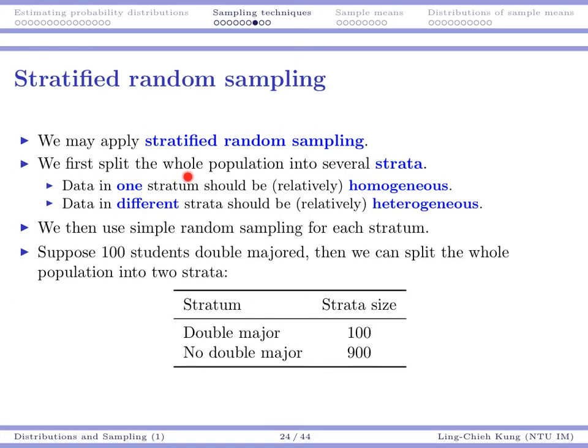First, we would split the whole population into several strata, like those guys in double major or those guys with no double major. And we typically believe, or should make it, the following: data in one stratum should be homogeneous, while data in different strata should be heterogeneous. Homogeneous means they are similar or identical. Heterogeneous means they are different.